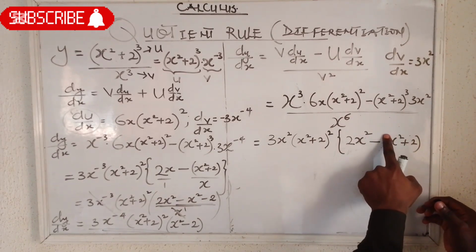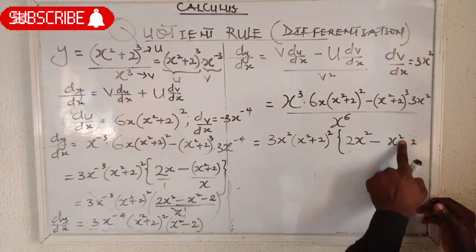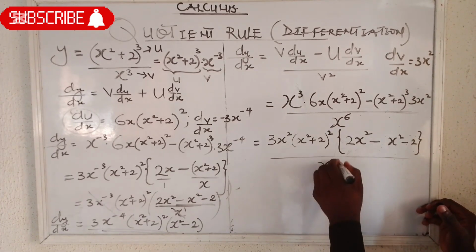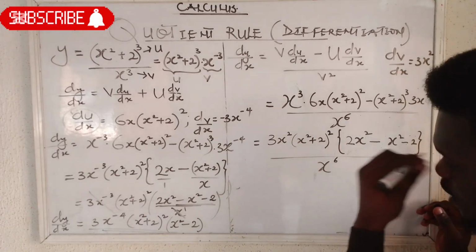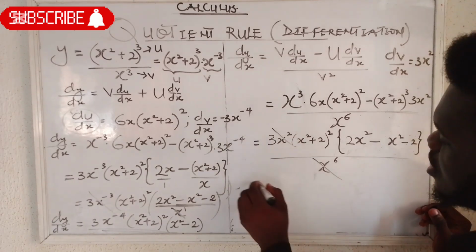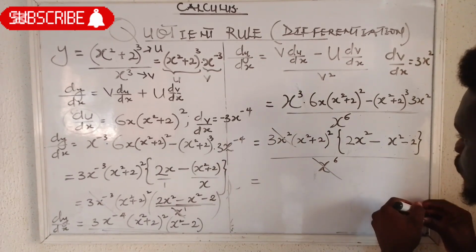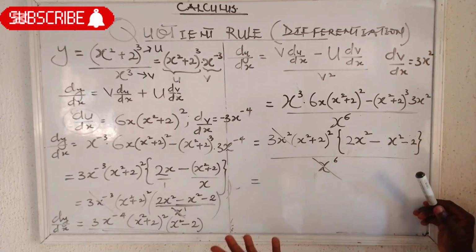Let's just say the minus goes into the brackets and this becomes minus, all divided by x to the power of 6. What happens here? We remove this, then we have x to the power of 4 left here. I don't want to waste space.